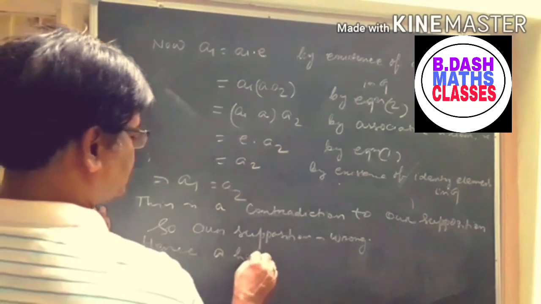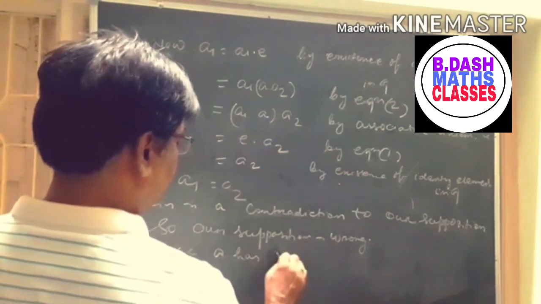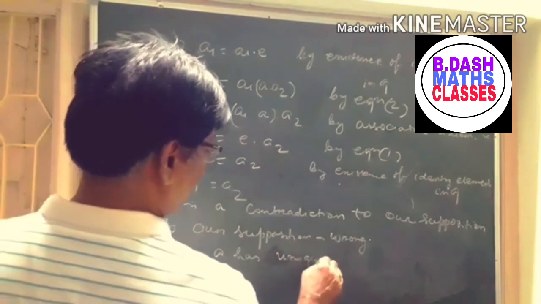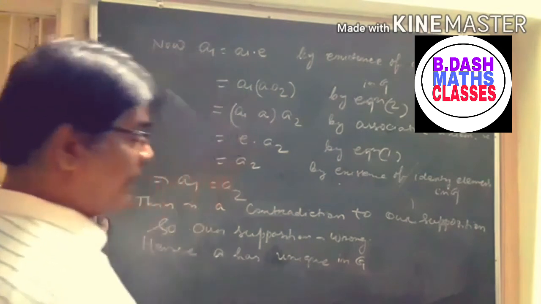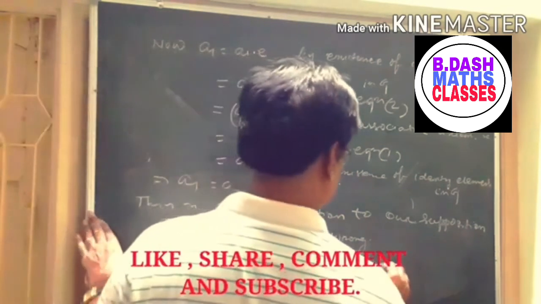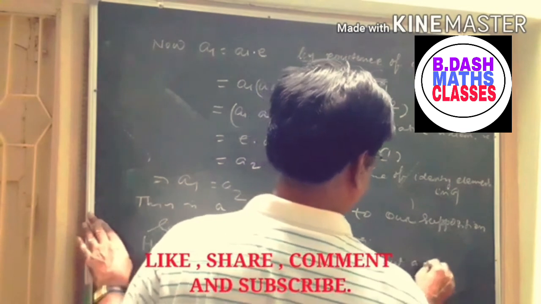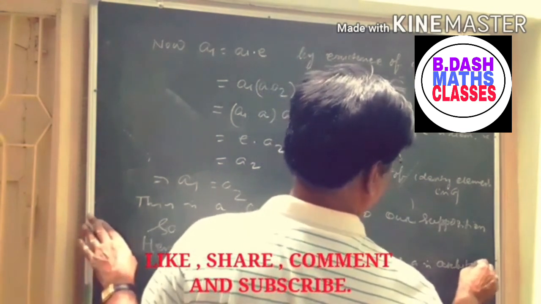A has a unique inverse in G. But A is arbitrary, we have chosen it arbitrarily.